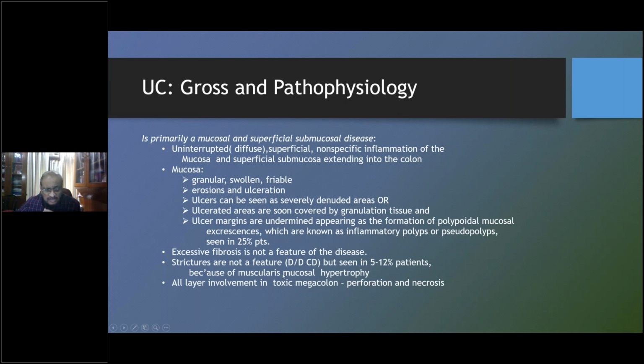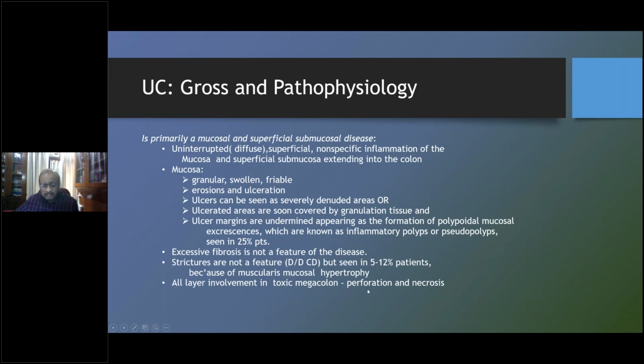It is because of muscularis mucosal hypertrophy. So that is the distinction between Crohn's disease and ulcerative colitis. In Crohn's, the stricture is based on fibrosis, and here the basis is muscularis mucosal hypertrophy. All-layer involvement occurs in toxic megacolon, perforation, necrosis; we said it's primarily mucosa and superficial submucosa.